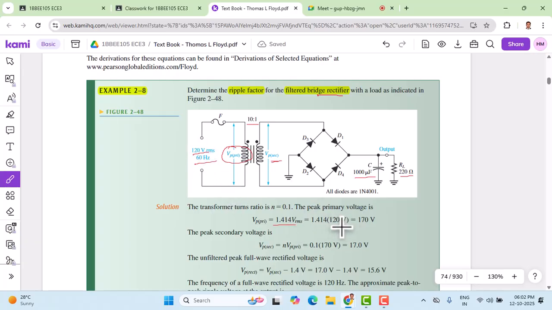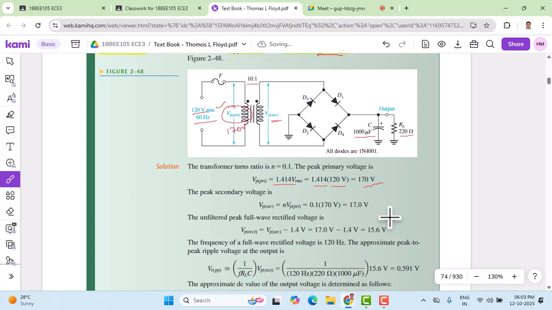So substituting here and multiplying by 1.414 gives me VP, the peak voltage of the primary. The voltage here is going to be 170 volts. So though 120 volts RMS is given, the peak primary voltage is going to be 170 volts. Now similarly, we can calculate the voltage at the secondary here.